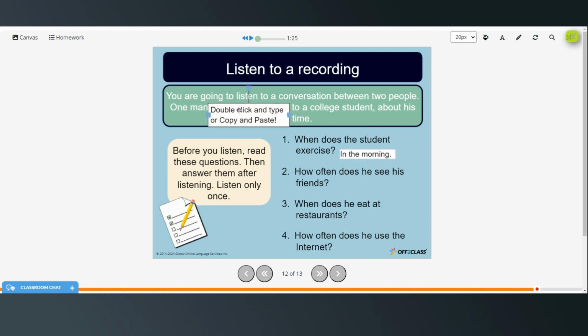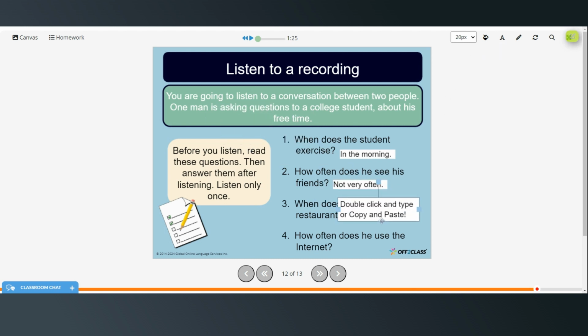So how often does he see his friends? He said he was very busy, so not very often, although he would see his best friend every day. When does he eat in restaurants?